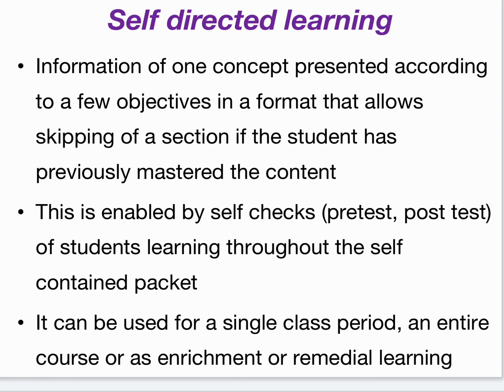Now let's see the next type, which is self-directed learning. Here, information on one concept is presented according to a few objectives in a format that allows skipping of a section if the student has previously mastered the content. So basically here we will have a self-directed learning module.